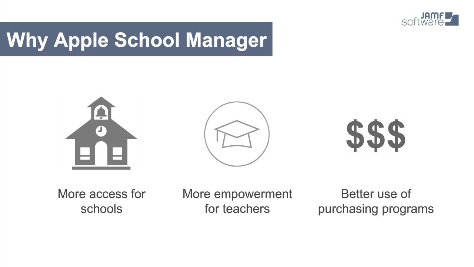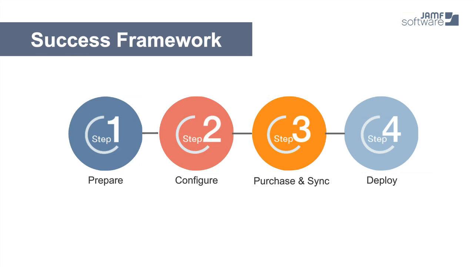When it comes to purchasing software, we call them apps today. In the iOS world, we're going to call them apps. But 7 years ago, I was buying software in my organization. We've seen processes evolve, taking another step for schools to purchase content and then distribute that content appropriately to the right student. So we're going to see these abilities start off with a preparation phase that in the past may have sent people in multiple directions.